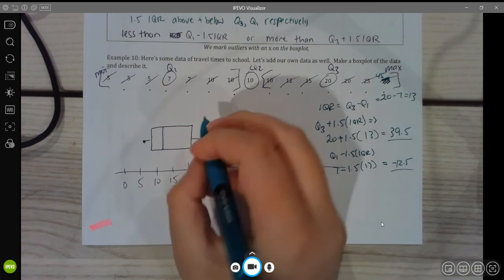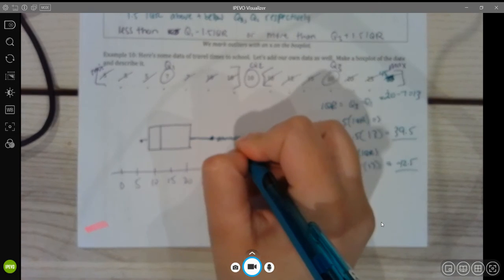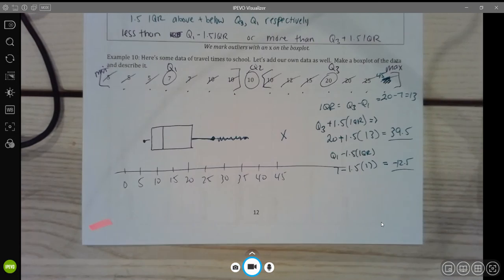And then I would shorten this to 25 because our next highest value is at 25. And I wouldn't need the rest of that stem. Okay, so that's what our new box and whisker plot would look like if we converted that 35, I'm sorry, that 35 to a 45.